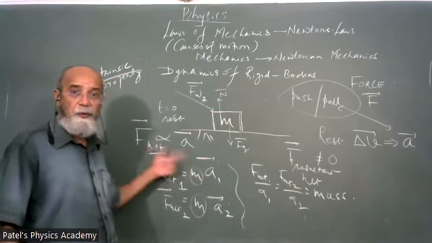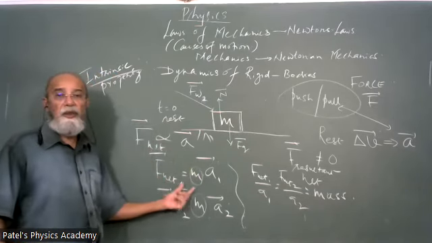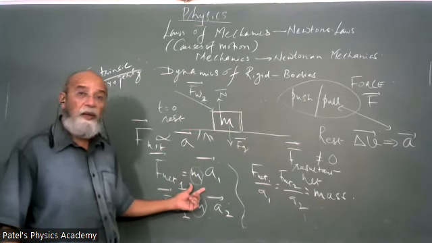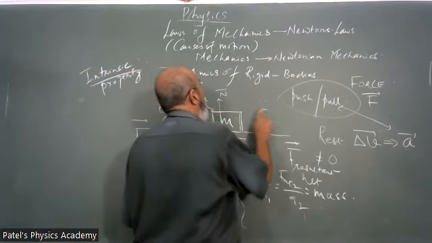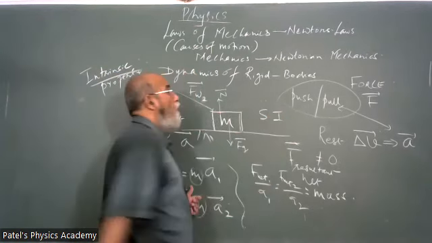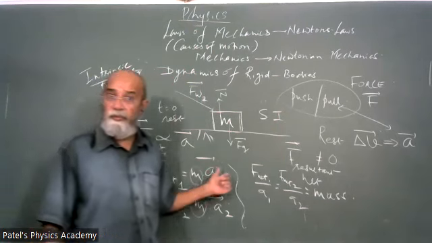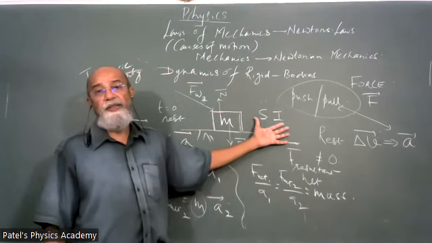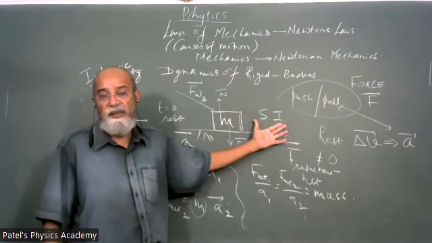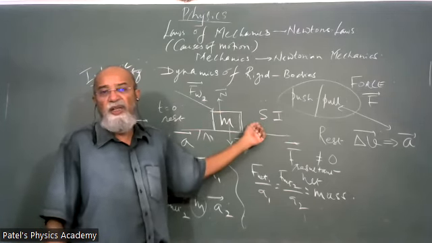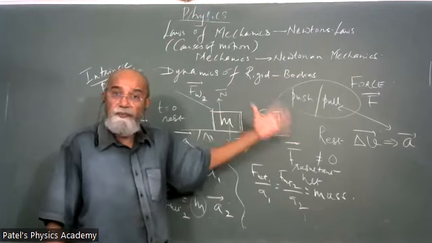We remove this proportionality and we put a number there. All physical quantities in physics, all over the world, we use the international system of measurements called the SI system, because in French it is Système International.